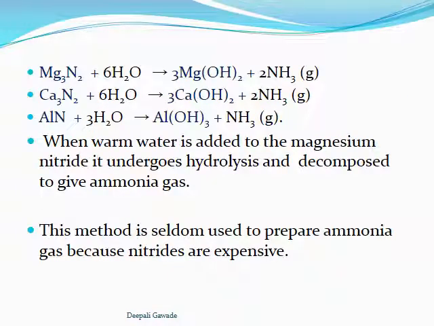Note down the following reactions in your classwork book. When warm water is added to the magnesium nitride, it undergoes hydrolysis and decomposes to give ammonia gas. This method is seldom used to prepare ammonia gas because nitrides are expensive.